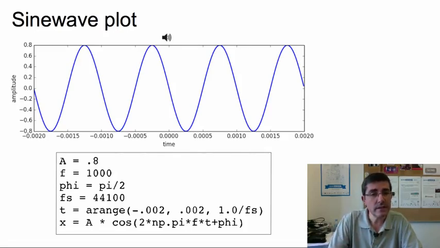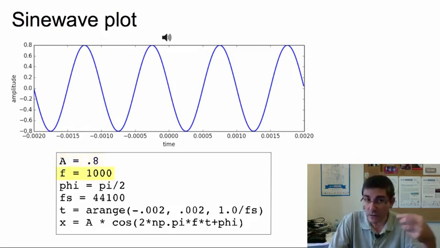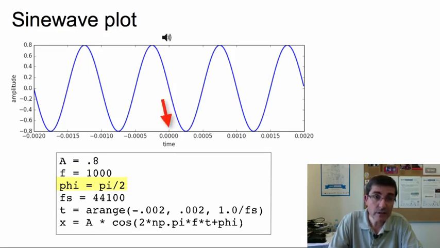So this is a very simplified code for this sine wave, in which we see the amplitude, which was 0.8, the frequency, which is 1000 hertz. So the frequency we heard is 1000 hertz. Then there is an initial phi, which is the initial phase at time 0, which time 0 is right in the middle.